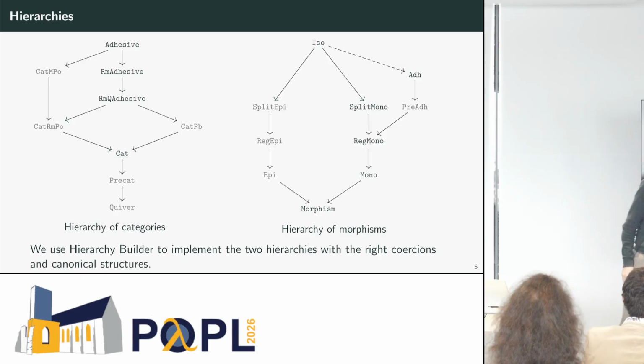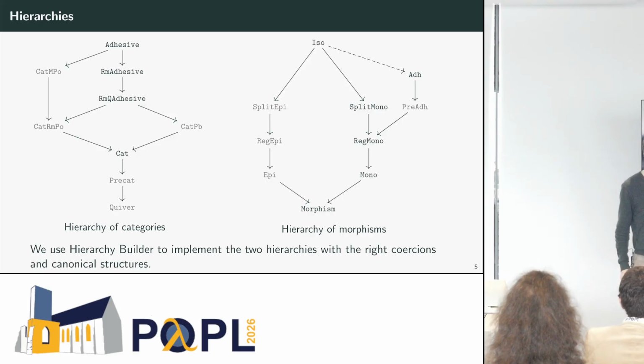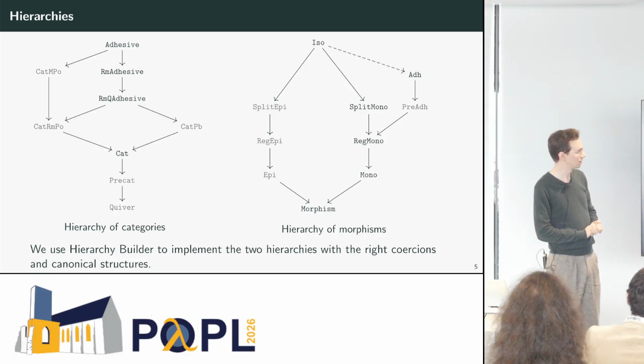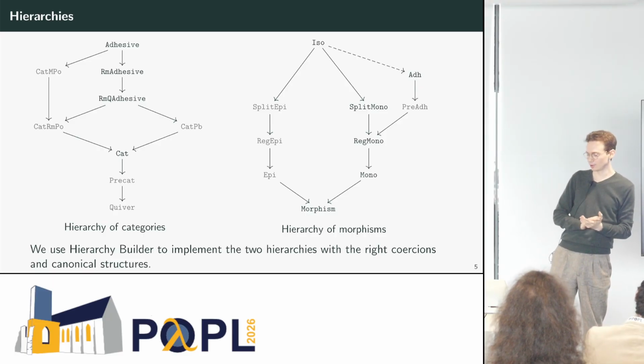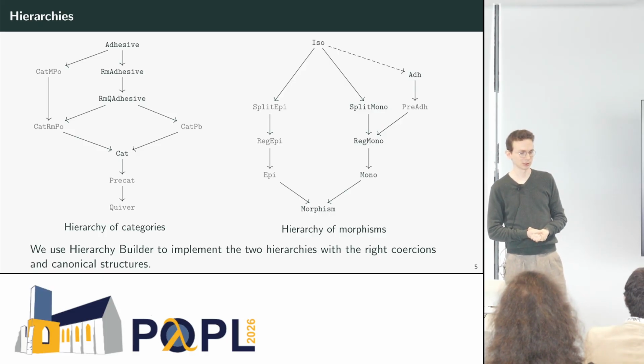With basic morphisms at the bottom, the usual monomorphisms just above, and then regular monomorphisms, split monomorphisms, and isomorphisms at the top. And we also have the notion of adhesive morphism, which is more specific to adhesive category theory. So this requires a way to organize these notions correctly.